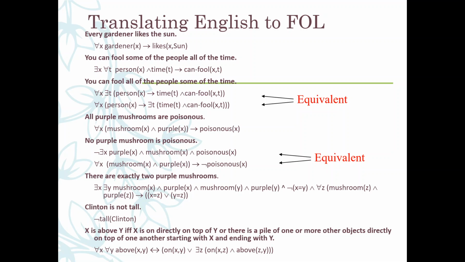That is for all x, for all y, above(x, y) is a bidirectional equivalency, meaning that on(x, y) or there will be some z where on(x, z) and above(z, y). That is the way to represent it in FOL logic.